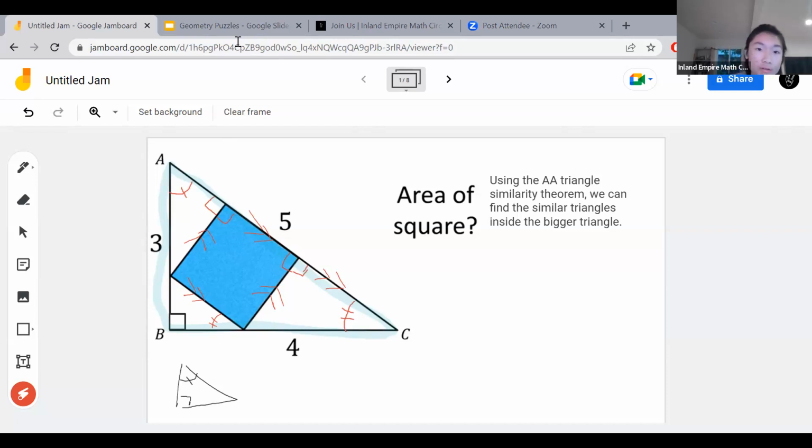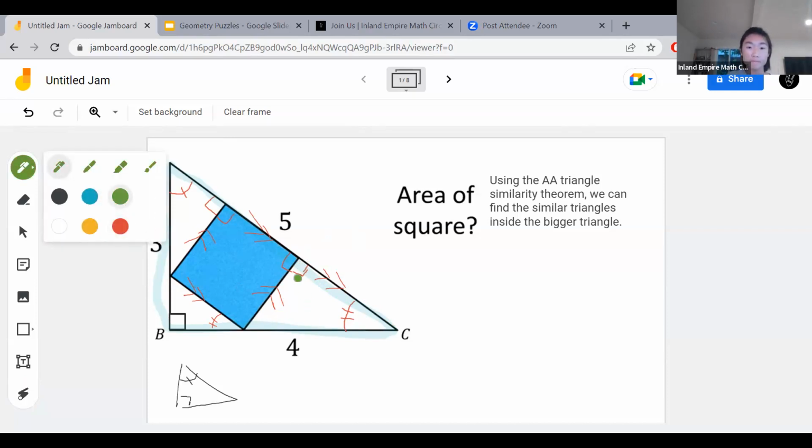All right, so now let's see if we can all figure out this last triangle here. How can you prove that this one is similar? Again, we're looking for this triangle down here. How can we prove this triangle to be similar with our big 3, 4, 5 triangle?